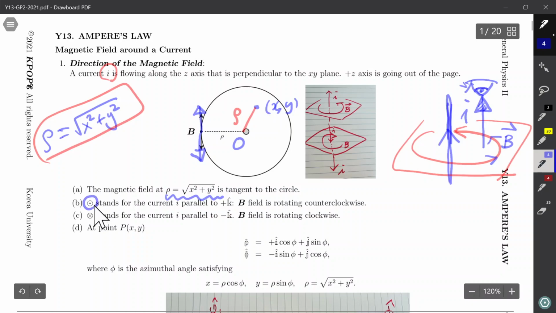This symbol stands for the current that is coming out of the page, and the cross sign stands for the current going into the page.